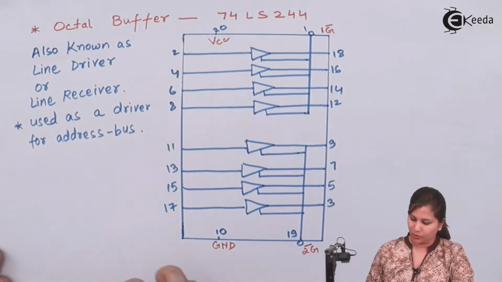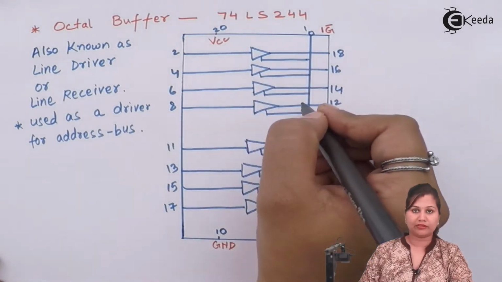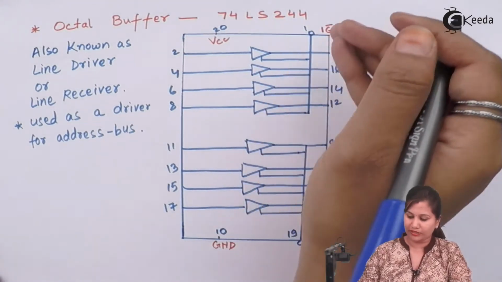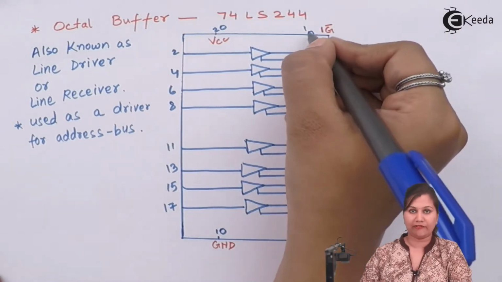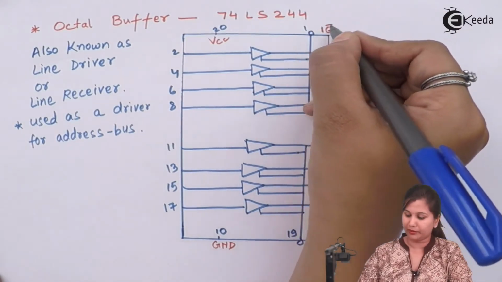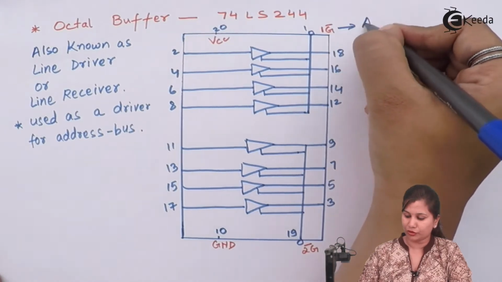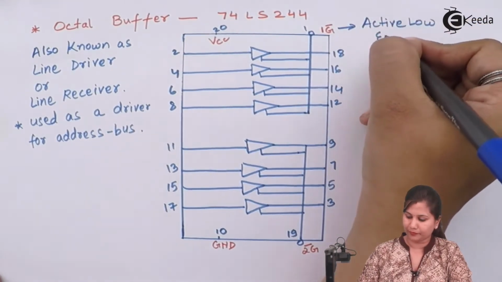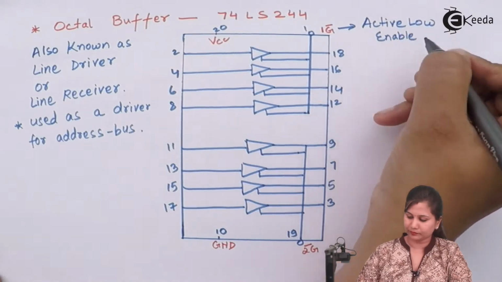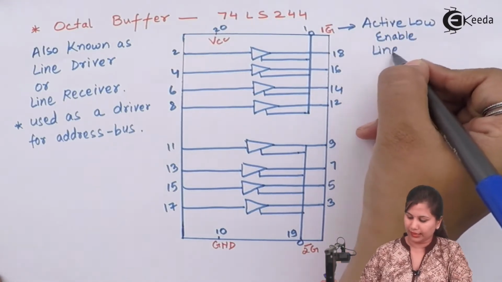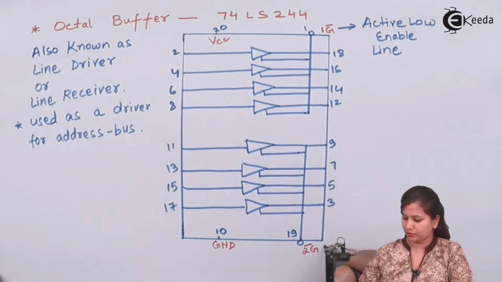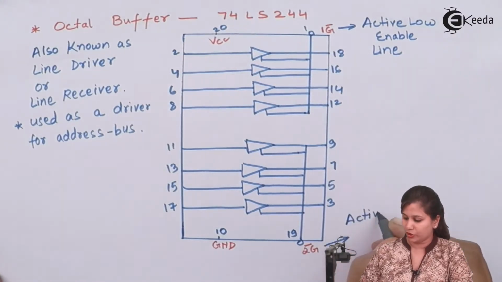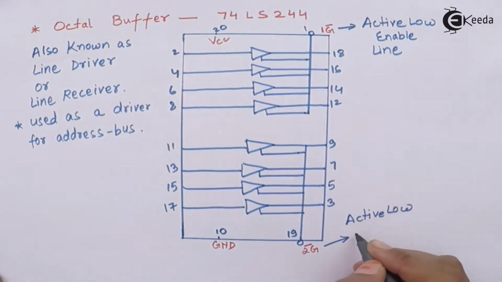Now these 4 buffers will be activated by this 1G bar line, because here we have a bubble and a bar over it, which means this is an active low enable line. And this is 2G bar, so a bar and a bubble show that this is also an active low enable line.